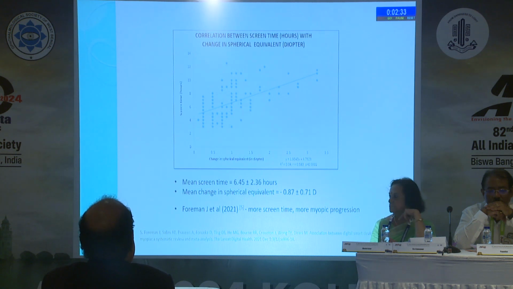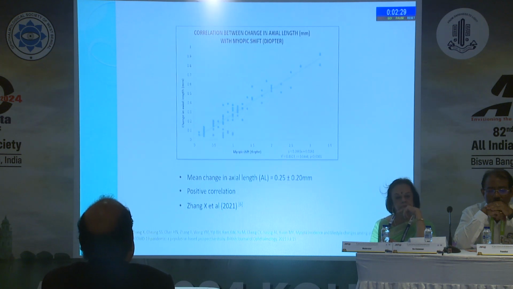Also, Foreman J et al. showed that the more the duration of screen time, the more the myopic progression. The mean change in axial length was 0.25 mm. A positive correlation was found between change in axial length and the myopic shift with the R value of 0.94, which was consistent with the finding of Zhang X et al.